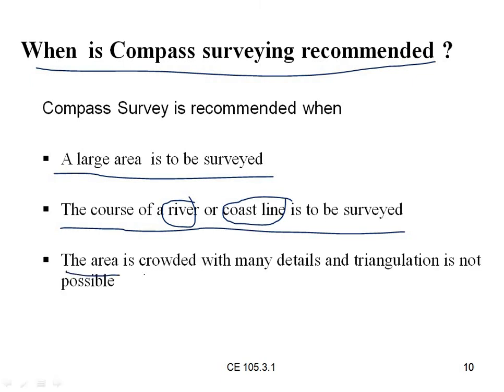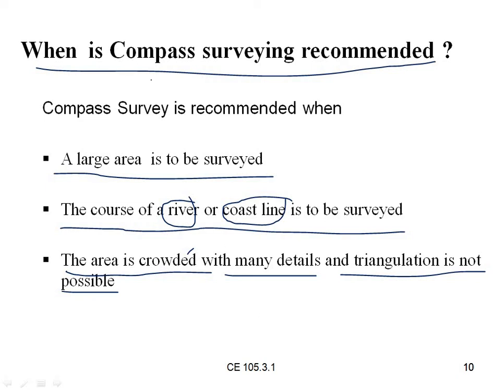And when the area is crowded with many details and triangulation is not possible. Whenever we see so many places to measure, in those cases triangulation is not possible, so we have to go for compass surveying.